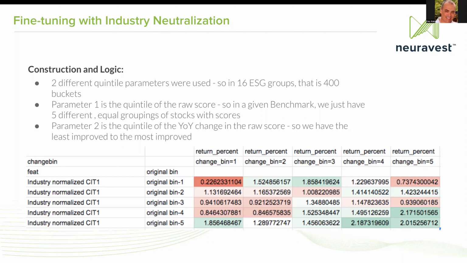But we try to basically neutralize that consistency or the concentration on the sectors. And what we've done here is we made sure that we have representation of every sector equally as we bin those qualifications.